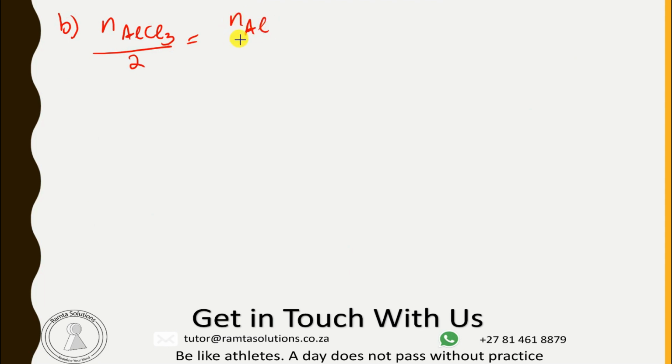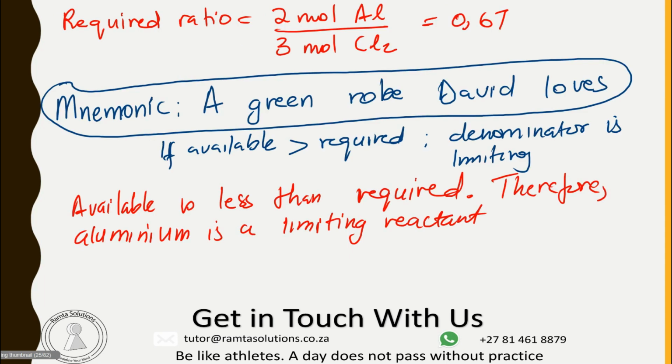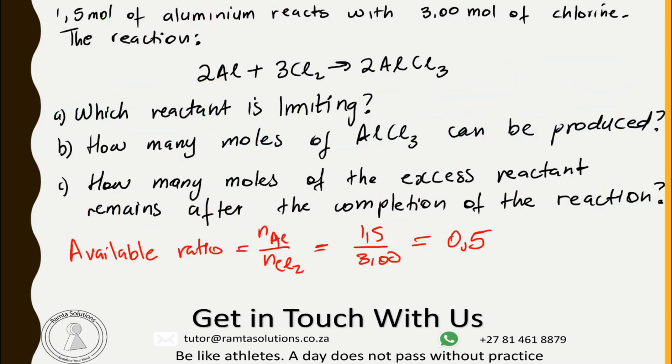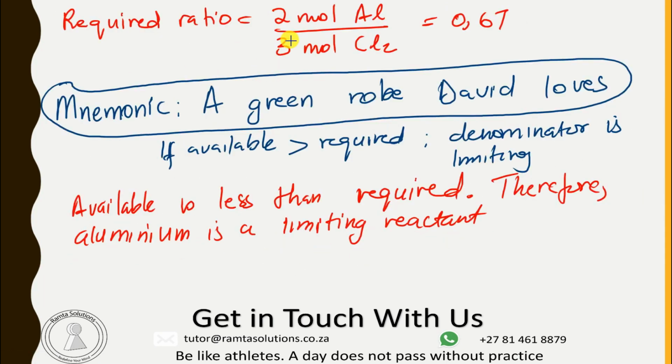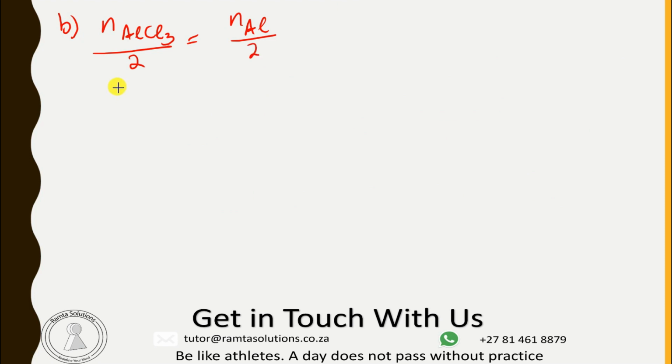It is aluminum. And what is the coefficient of aluminum? It's 2. Therefore, number of moles of aluminum chloride is equal to number of moles of aluminum over 2 multiplied by 2. As you can see, 2 divided by 2 is 1.